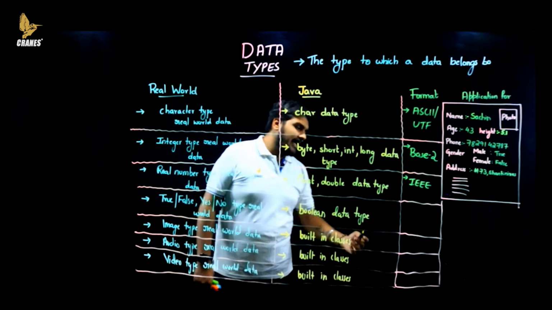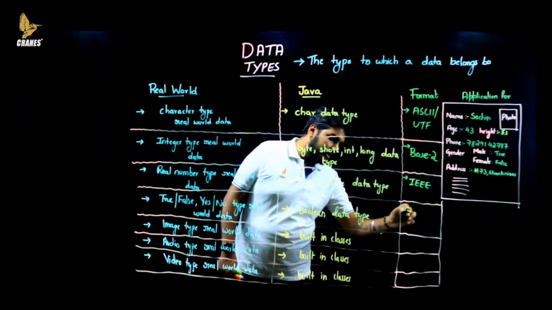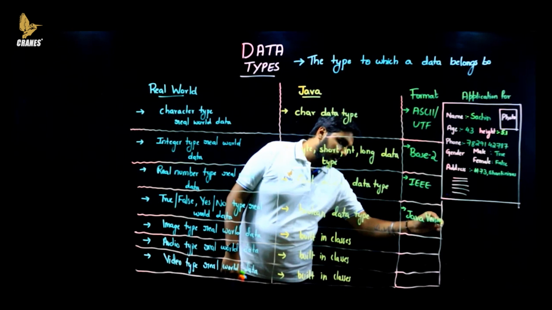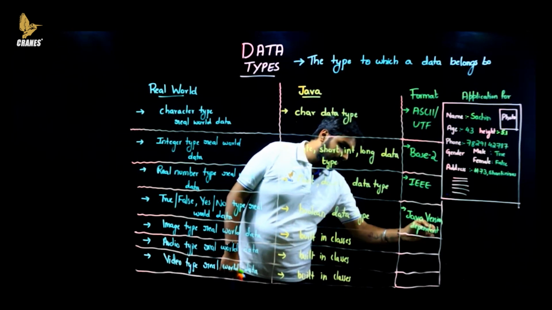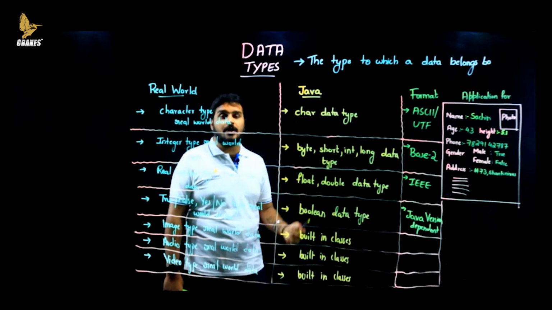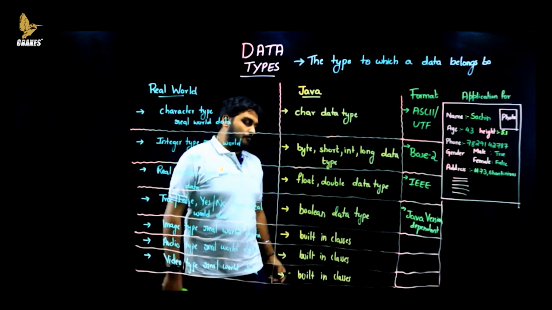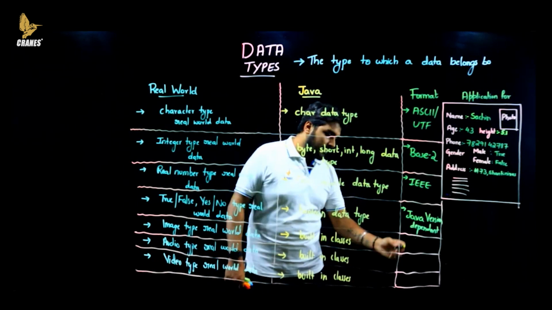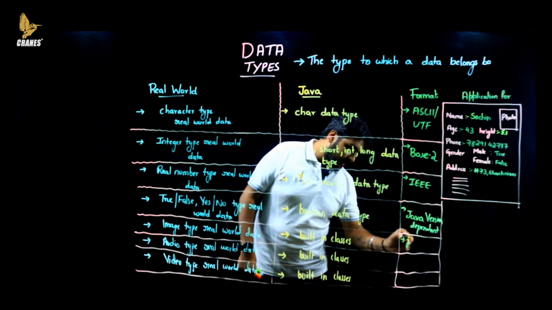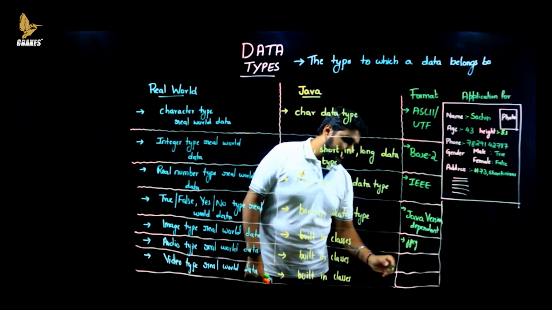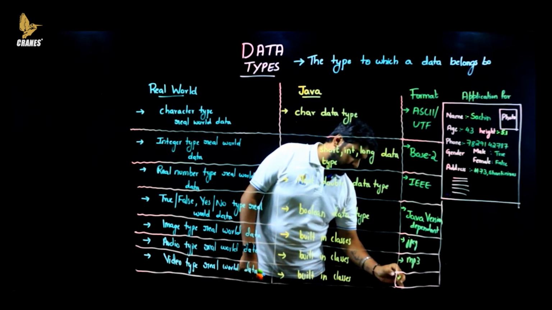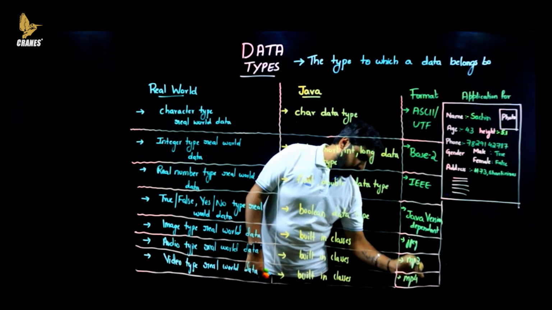For Boolean, it is completely Java dependent, dependent on the version of your Java. Next, for built-in classes of your image type real world data, you have JPEG format. For audio, you have MP3 format, and for video, you have MP4 format.